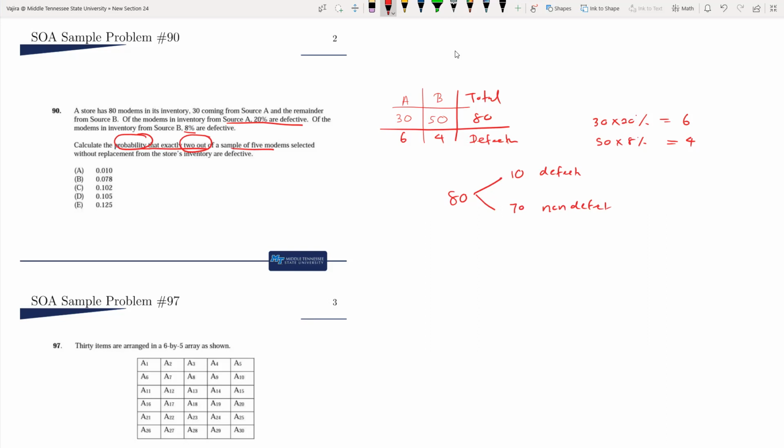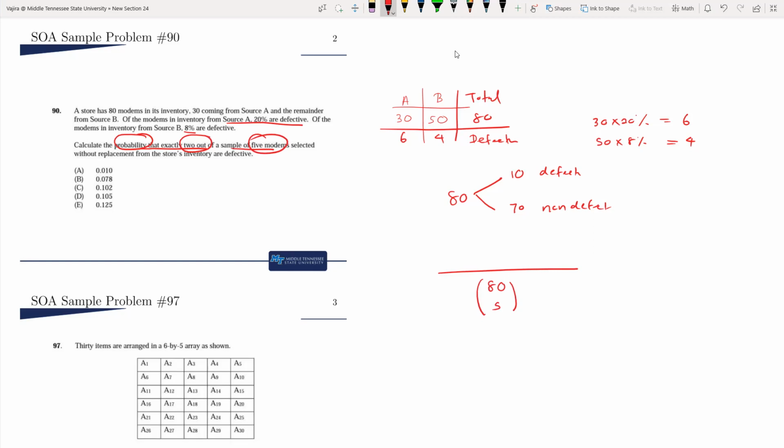They are all just defective. So how many ways can we choose 5 items from these 80, because we need to choose 5 modems? How many ways can we choose 5 items? 80 choose 5.